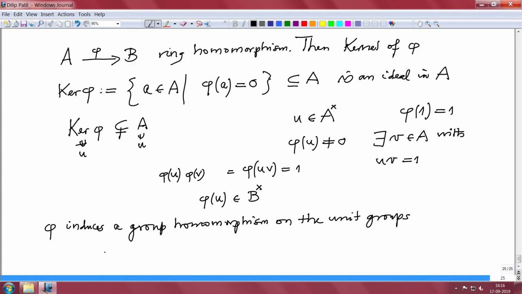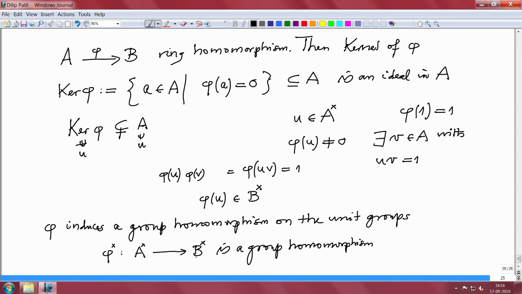So we have a map, which I will denote by phi cross, from A cross to B cross, and this is a group homomorphism with respect to the multiplication in A and with respect to the multiplication in B.